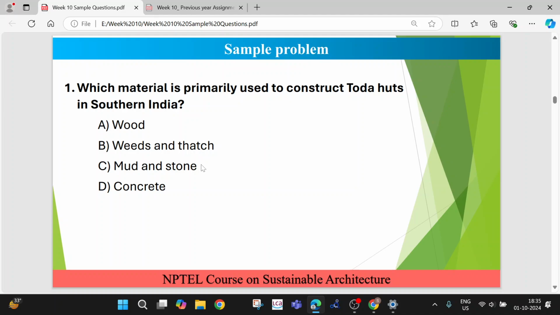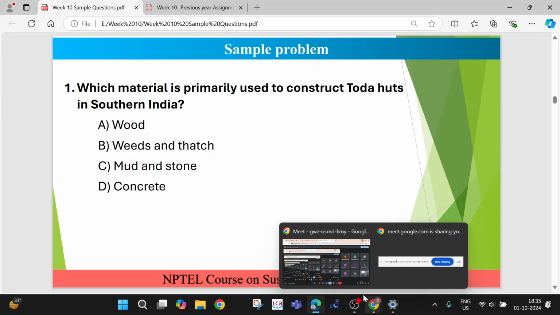First question for all of you: which material is primarily used to construct Toda huts in southern India? You can answer option D. All of you try to give answers in the chat box.